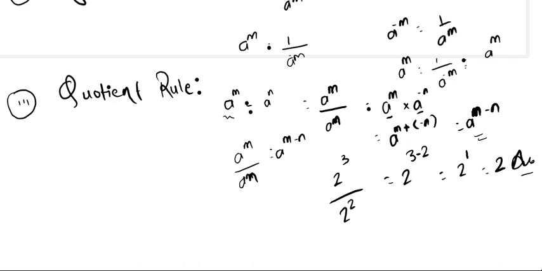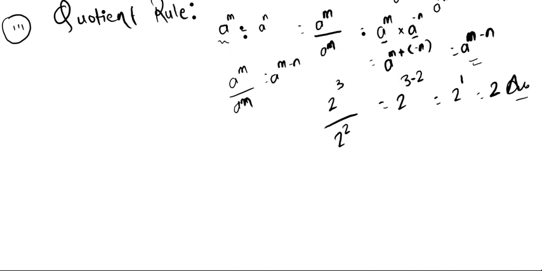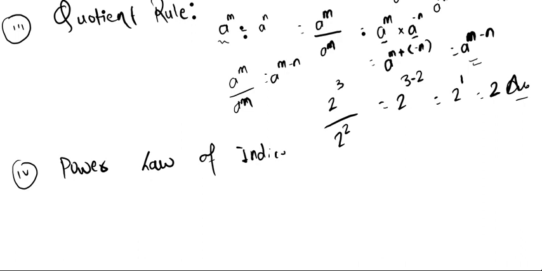Now let's move to another one. Let's move to number 4, that is the power law of indices. Again, let me take an algebraic term which has a power m, which has an exponent m.